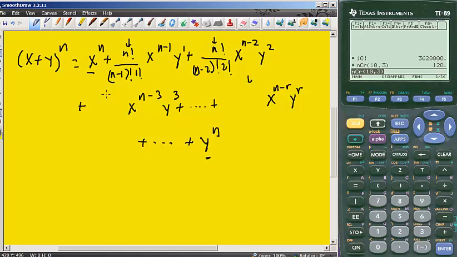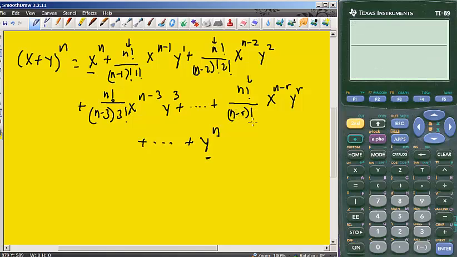Third one. n factorial over n minus 3 factorial times 3 factorial. And this one will be n factorial over n minus r factorial times r factorial. Okay? This right here, n factorial over n minus r factorial times r factorial, is the same thing as nCr.